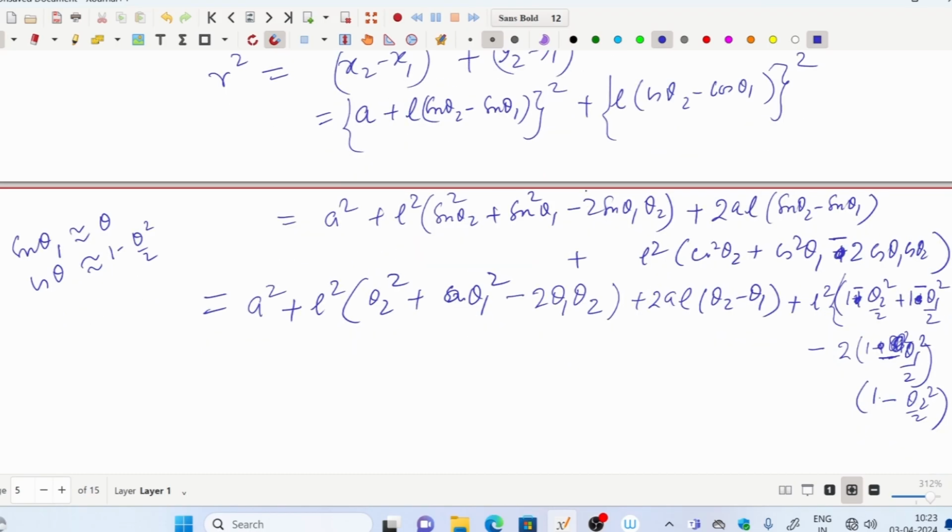With a little bit of simplification, we get a square plus L square times theta 2 minus theta 1 whole square, up to this term, plus 2aL times theta 2 minus theta 1. And the rest of the terms, let me check, they will simplify.